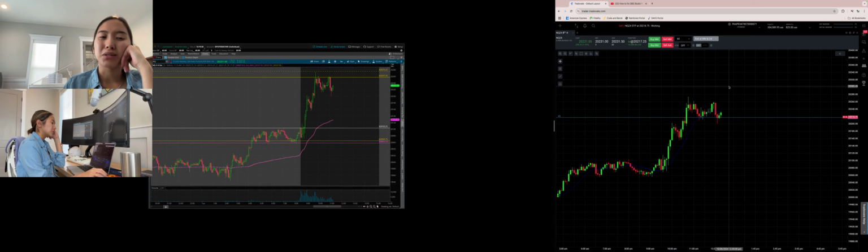Volume's a little slow. It's lagging down. I mean, it is 12 p.m., so don't want to see this reverse on me. All right, new candle soon.